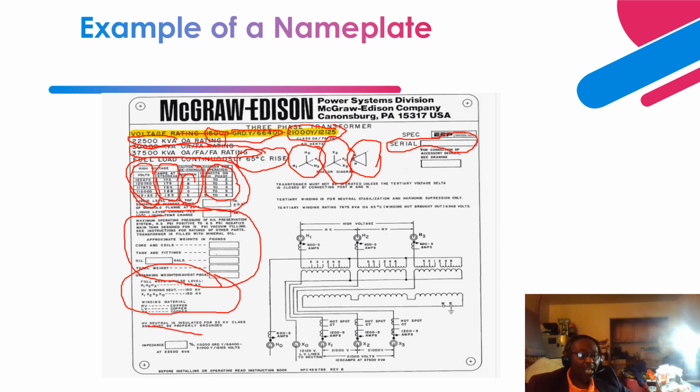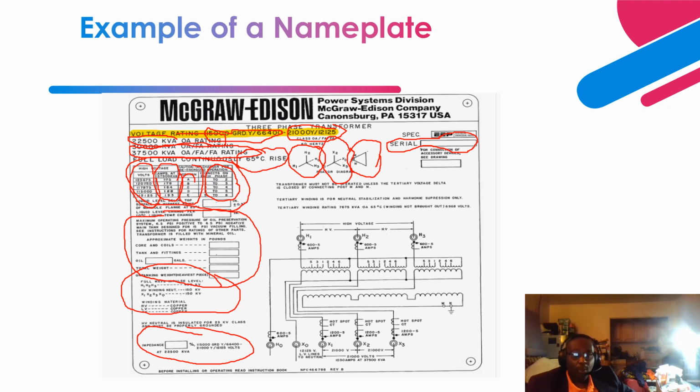Next is the impedance, right? As you can see over here, this is the impedance that is stated on the nameplate after performing the factory acceptance testing. This is not the design impedance. The goal of the factory acceptance testing is to meet the design criteria.